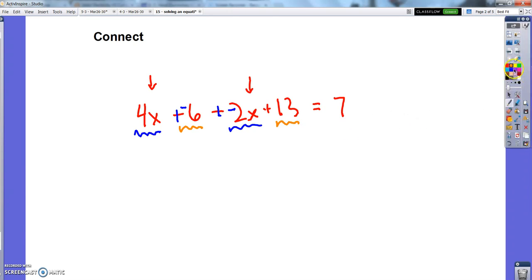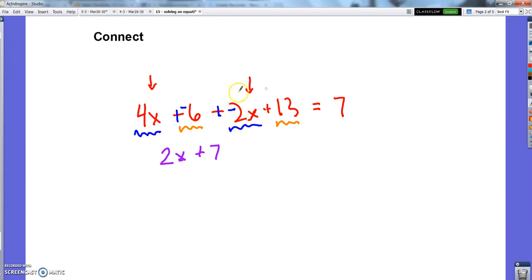So I can rewrite that equation as 4x plus negative 2x is 2x, negative 6 and 13 is 7, and so I simplified that side, equals 7. So that's a lot easier to solve, because now I have my very familiar 2 operation problem to solve, times 2 and plus 7.